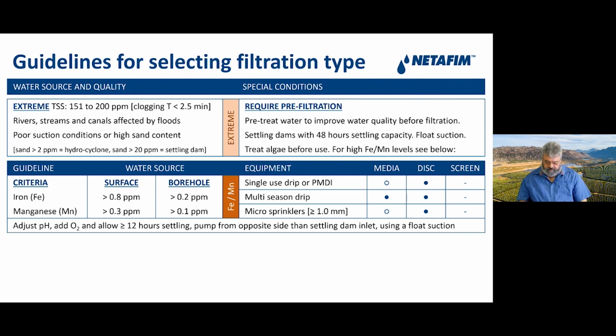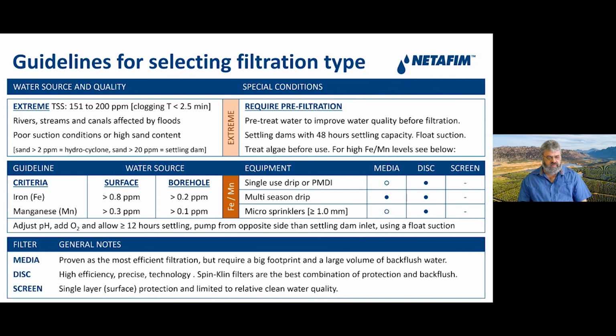If we have to summarize the 3 different filtration types in general, I would say that the media filter is proven as the most efficient filtration, but requires a big footprint and a large volume of backflush water.